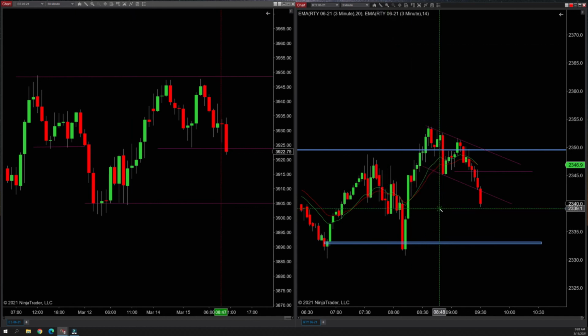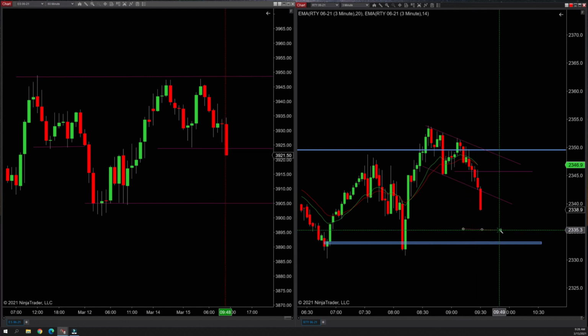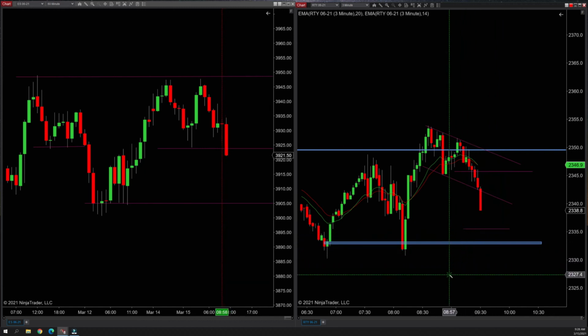So taking these types of profits will actually cost me money in the long term. I need to get at least 1.5 times my risk. 1.5 times my risk is right here. Okay. It's a long way to go yet.